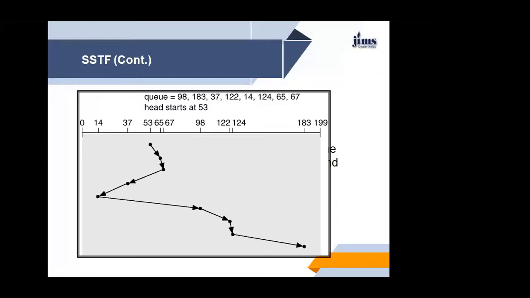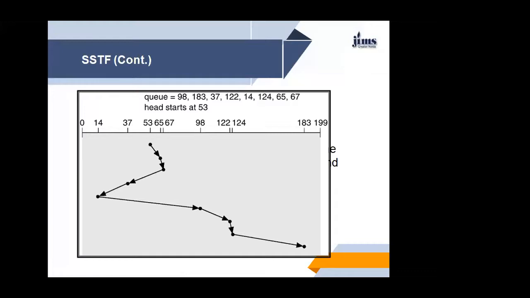So it will see from 53 where it should go. It will see where the distance is minimum.